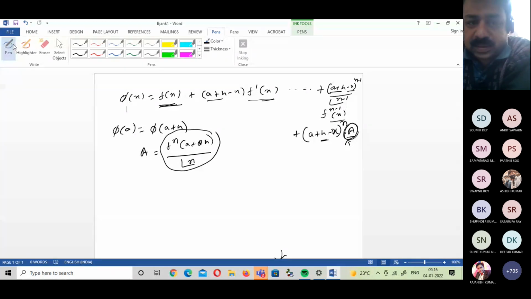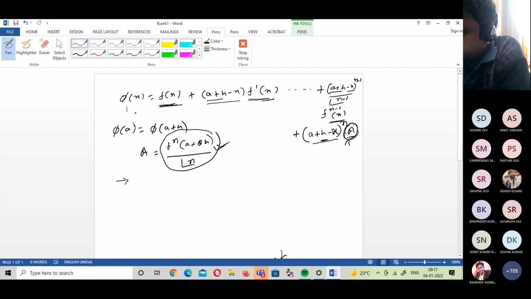Yes, here the last condition of Rolle's theorem is not given: f of a equals f of a plus h. You have to impose Rolle's theorem, then you can prove this. When you want to impose Rolle's theorem, you form a function with f dash x, f double dash x in this way. Then this function phi of x is okay.